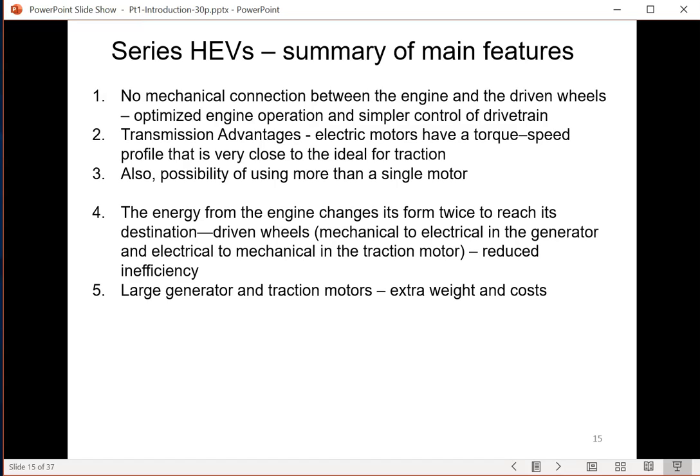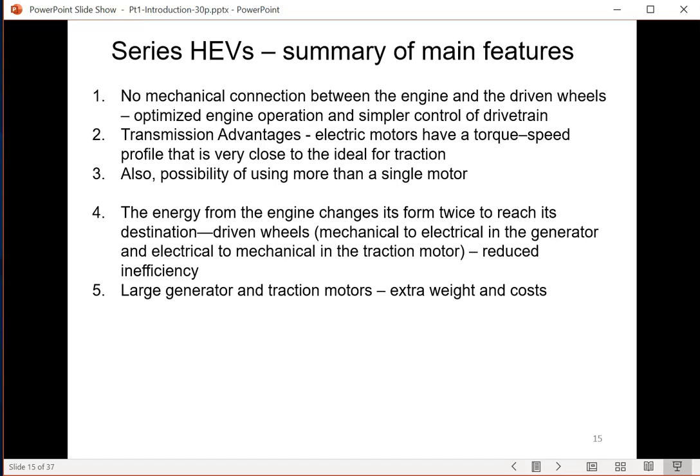Now, disadvantages include energy losses, because if you think about how the energy flows in the system, energy produced from the engine is fed to a generator, going through a rectifier, that goes through a DC voltage, then goes through an inverter, and then to the motor. It converts the chemical to mechanical. Chemical, that's the fuel, burning the fuel. To mechanical, that's the rotation of the engine.